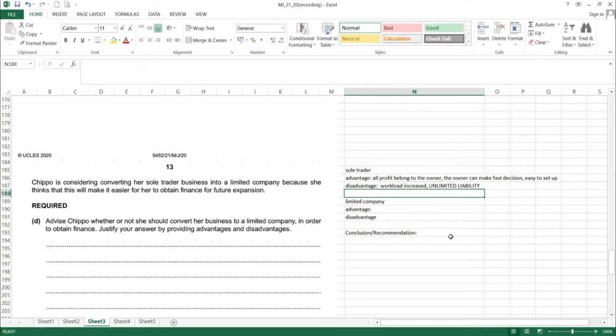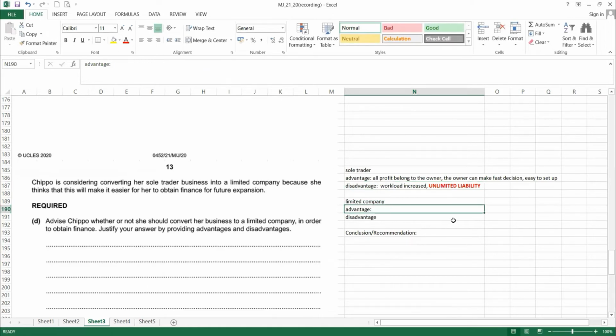That is a key thing. This is why most businesses start from sole trader, and when the business starts to grow, they tend to convert into a limited company because of the unlimited liability problem in the sole trader.